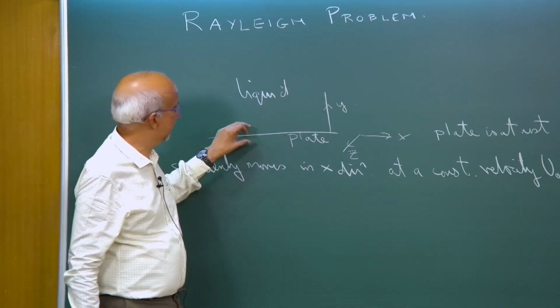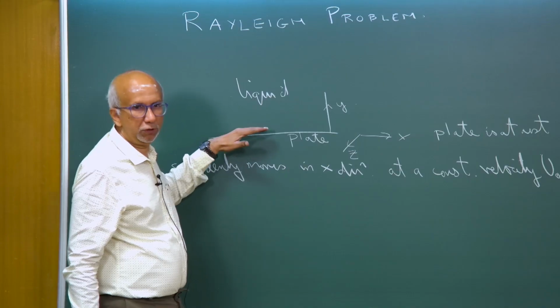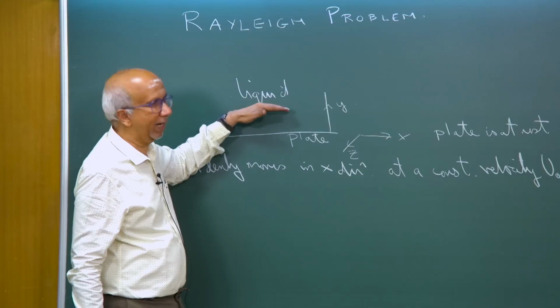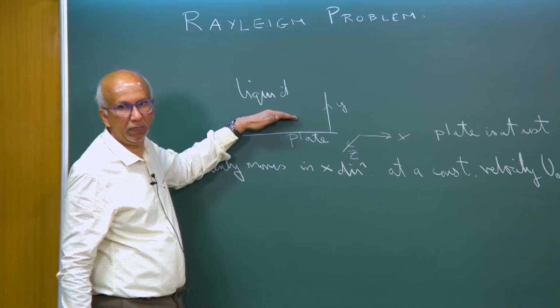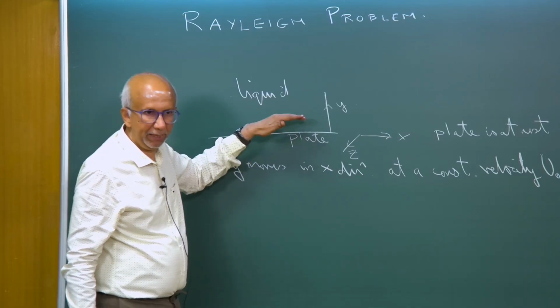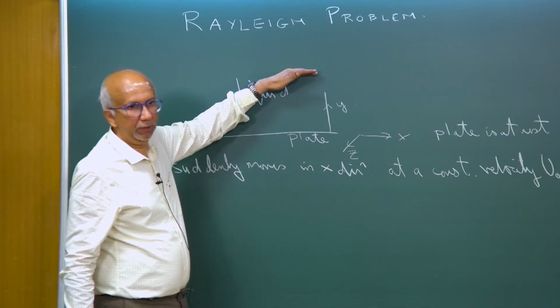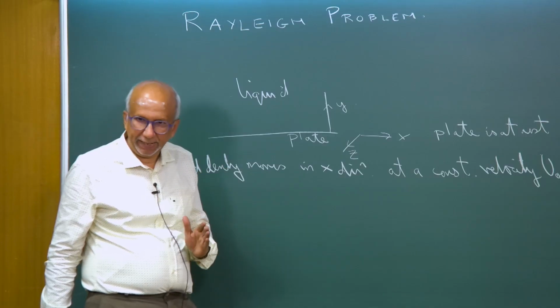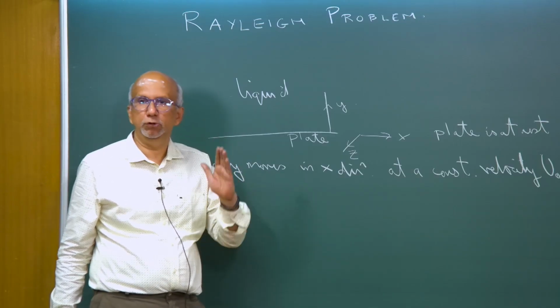Okay. Initially this liquid layer close to the plate will move. After some time that layer will drag the liquid layer above it. So, after some more time it will drag the liquid layer above it. Okay. So, that is what we expect, because it takes some time for the momentum to diffuse.